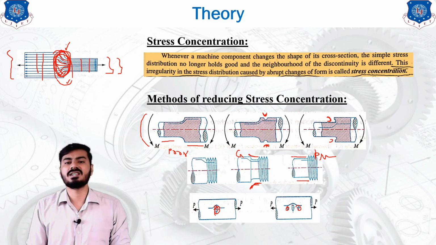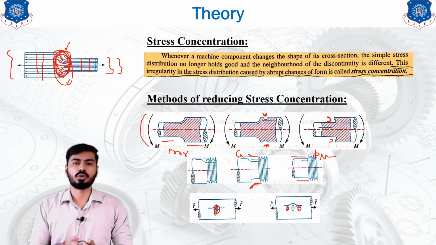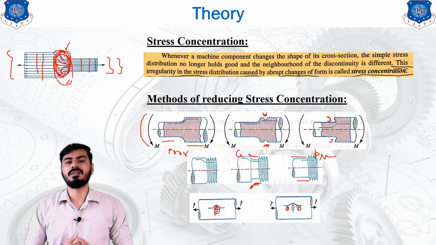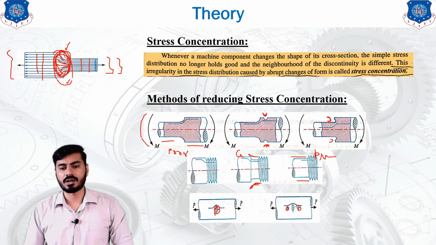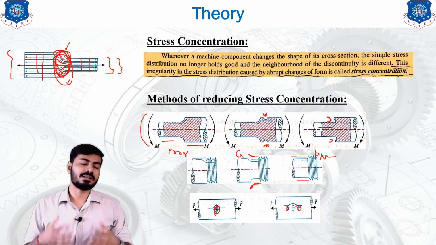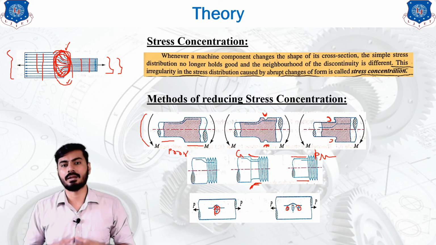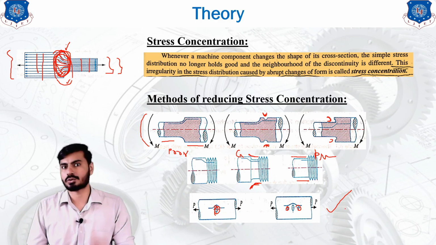But this method is not applicable in each and every case, because by providing the through hole, the strength of the material will always be reduced, and that's why we do not recommend this kind of method in every case. Whenever the material can sustain the stresses up to a certain limit, then you can apply this third method to reduce the stress concentration.